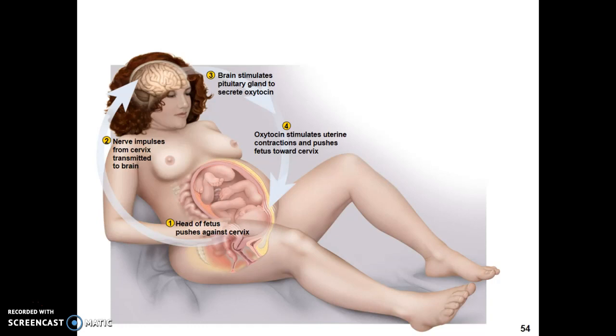Oxytocin stimulates uterine contractions. It also stimulates prostaglandin release, and prostaglandin release is going to stimulate contractions to become more intense.